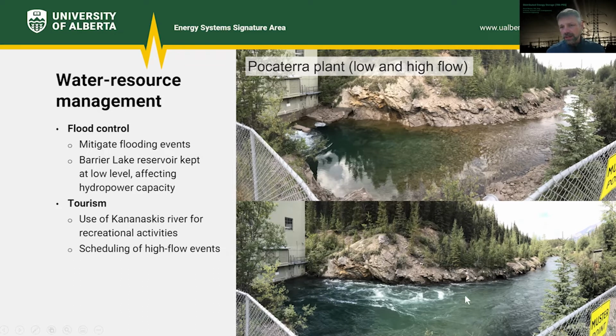And in the bottom picture, if you look at the rock formation there, the water level rises by 1.5 meters to 2 meters when they trigger the high flow event. And those high flow events are not triggered when the city of Calgary needs energy. That would be a coincidence. These are triggered so that people can use the river. So tourism is an important one.